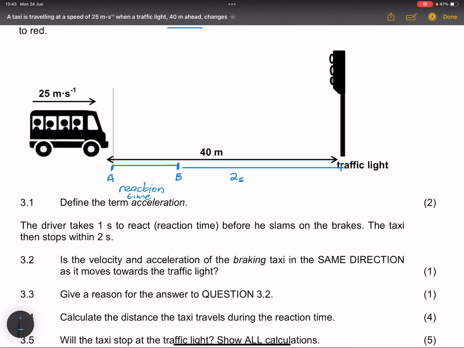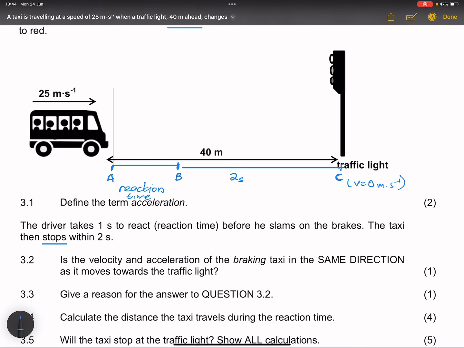So from this point till whatever point where he stops is 2 seconds. And secondly, what we do note there is that they said before he stops. So notice what is important here. The velocity at this point is 0 meters per second.